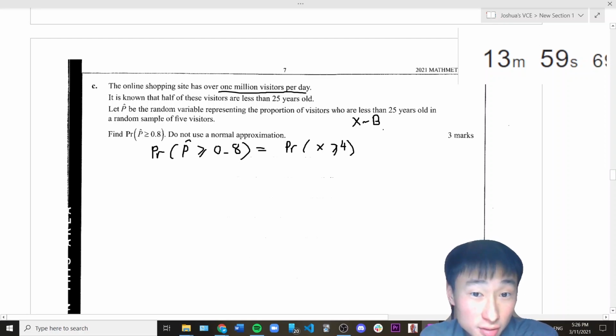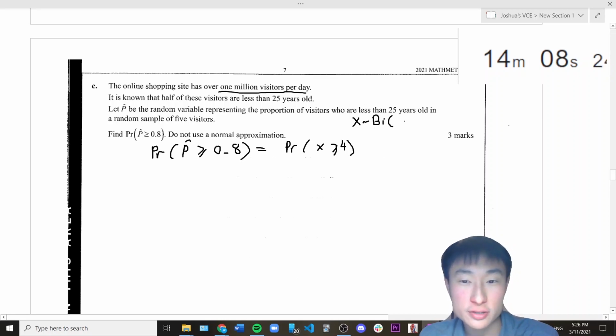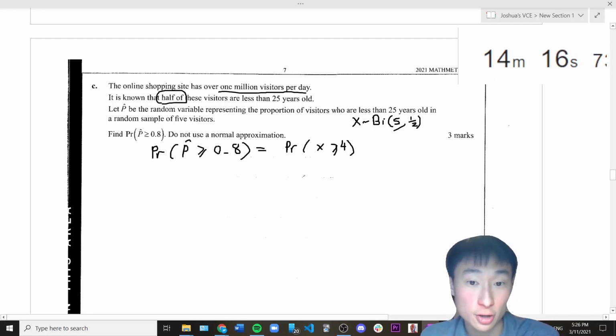Yeah, sorry, I was trying to find the probability, but it's right there in front of me. It's half of these visitors. So you have to use a binomial. So the probability X is larger than or equal to 4 is the probability X is equal to 4 plus the probability X is equal to 5.